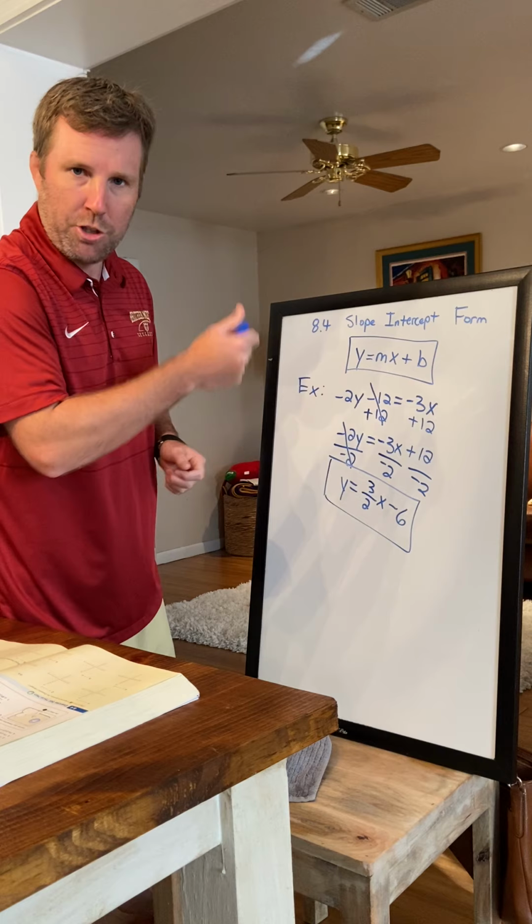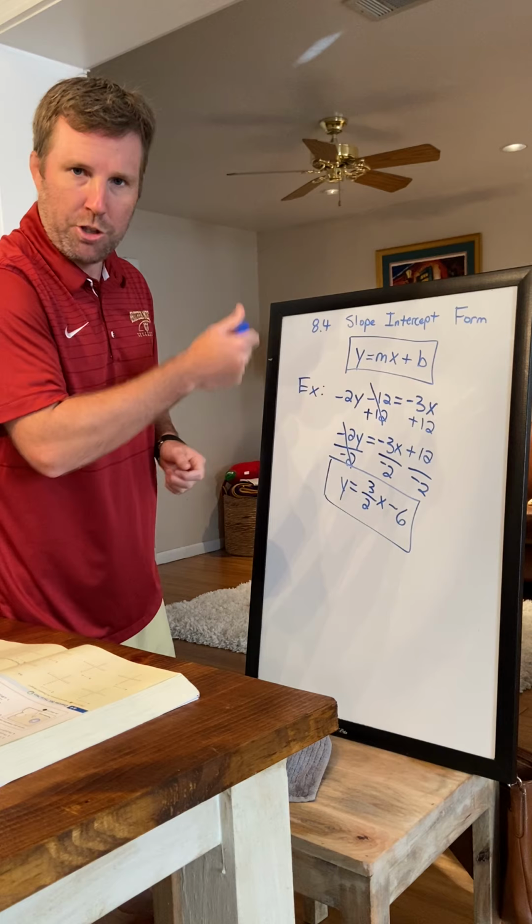Watch what happens. This cancels. y equals 8 divided by negative 4, which is negative 2. And negative 2x divided by negative 4. Well, a negative divided by a negative is a positive. 2 over 4 can reduce to 1/2. So plus 1/2 x.